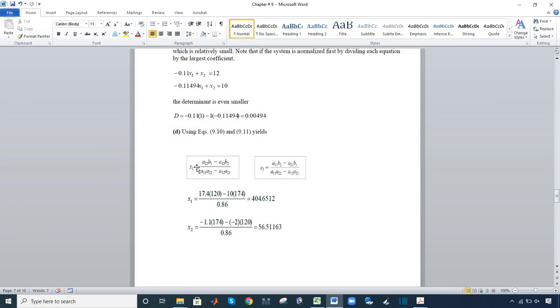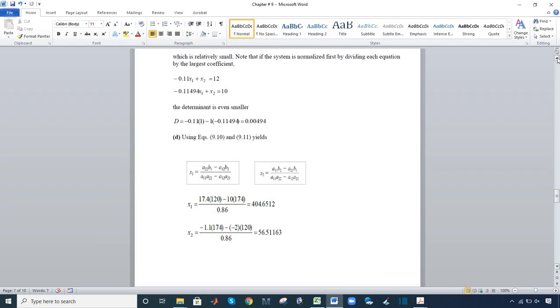x1 value can be found by this equation and x2 can be found by this, and when you put the values of elements in these equations, you can get x1 equal to 404.6512 and x2 equal to 56.51163. You can also compare these values with the graphical method.